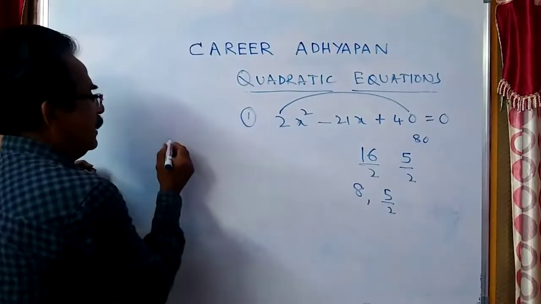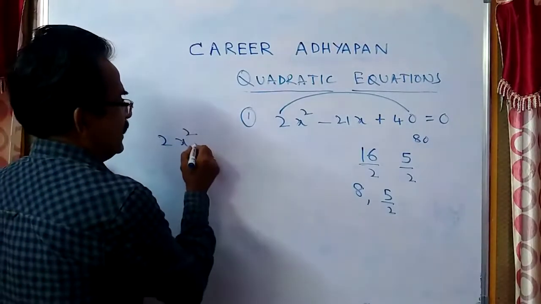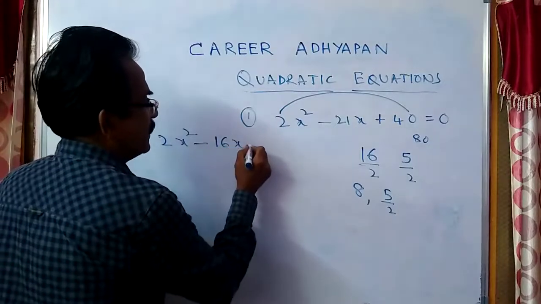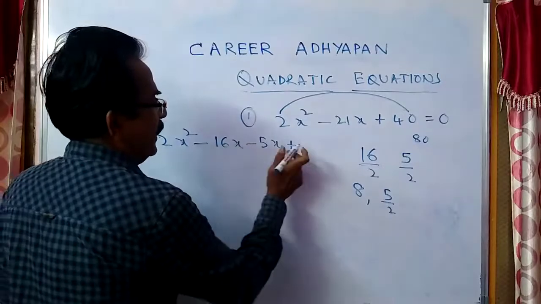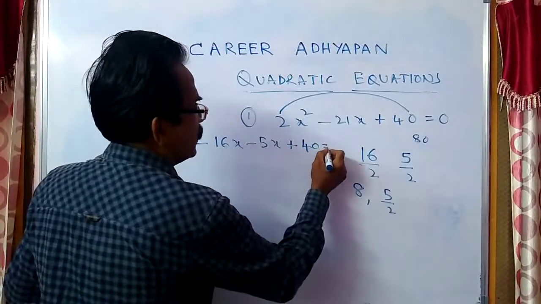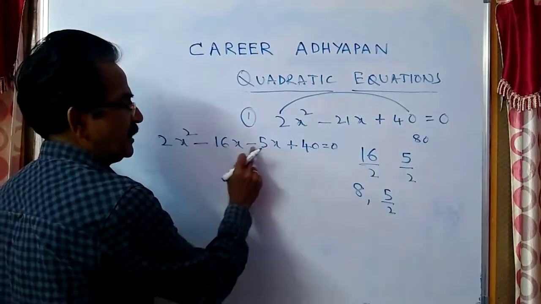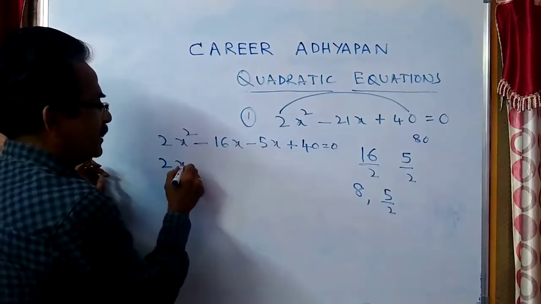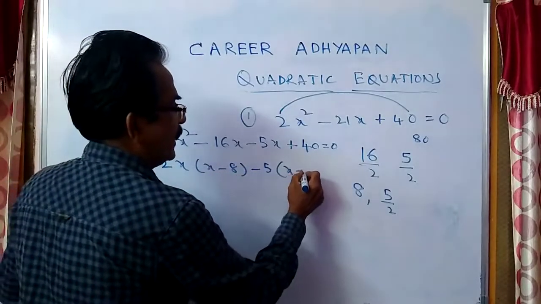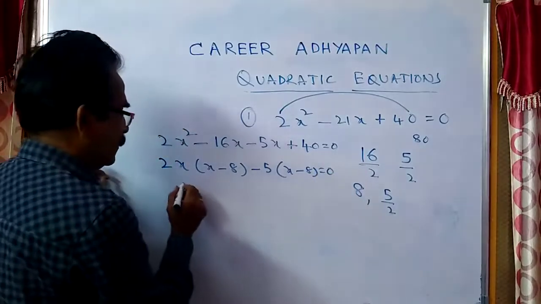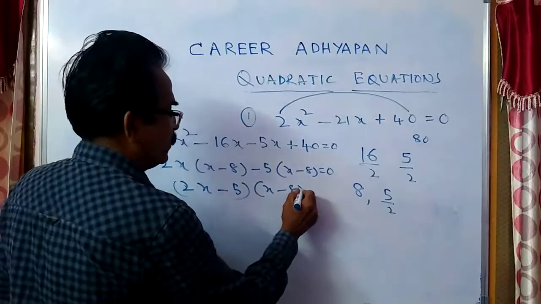So let us solve in a traditional way. 2x square minus 16x minus 5x plus 40 is equal to 0, since minus 16 into minus 5 is 80. 2x square, 21x is divided as minus 16x minus 5x. 2x into x minus 8 minus 5 into x minus 8 is equal to 0. 2x minus 5 into x minus 8 is equal to 0.